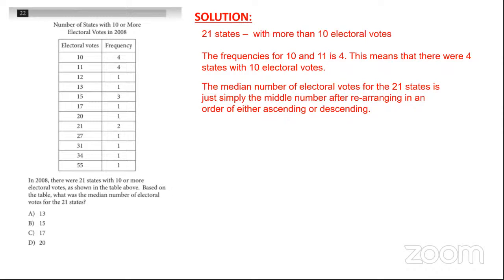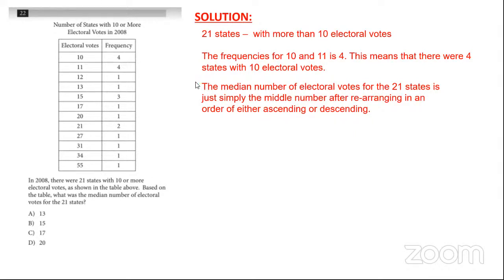So what I'm trying to say is we have around 21 states with more than 10 electoral votes. When the electoral votes is 10, we have 4 states, and we have 4 states with electoral votes 11, and we have 1 state with electoral votes 12. That's how we read the table that is being given here.